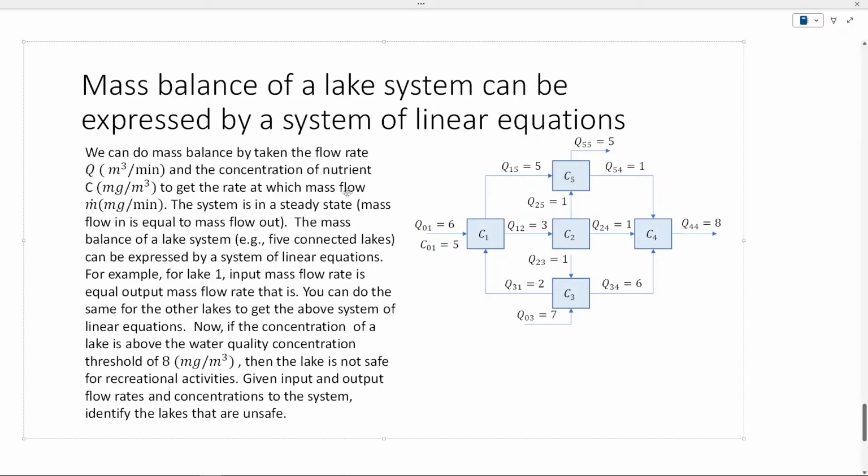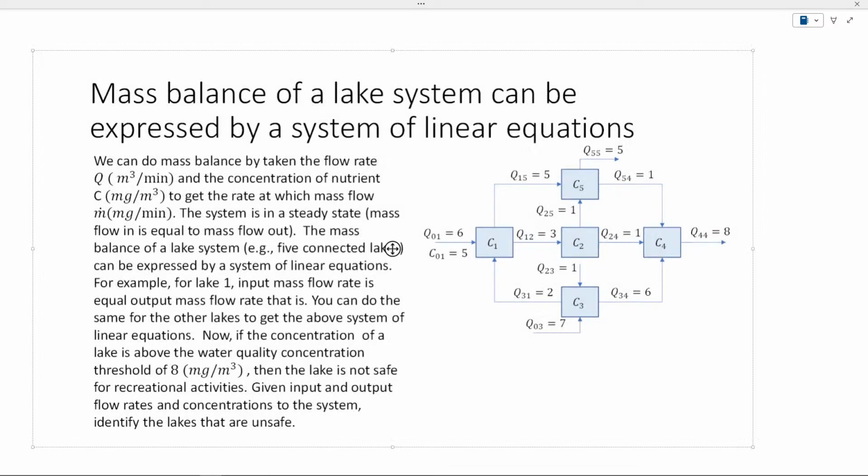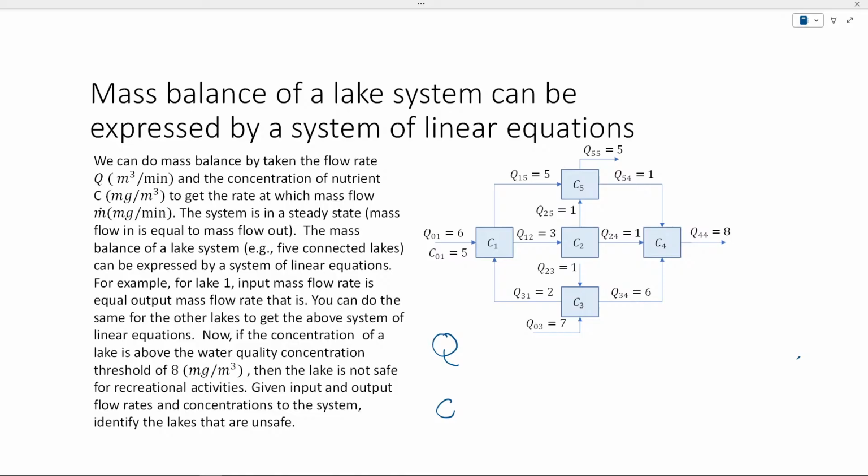So to get the mass flow rate in milligram per minute, you understand this, yeah? So you have the Q, you are now expert in this, and you have C. So Q is meter cube per minute.